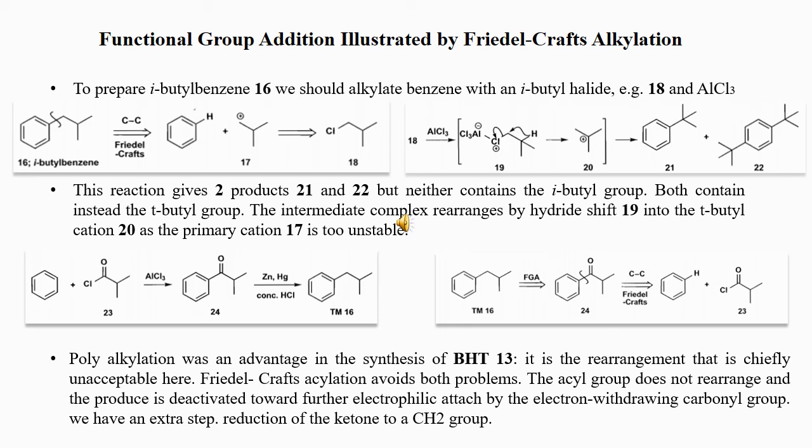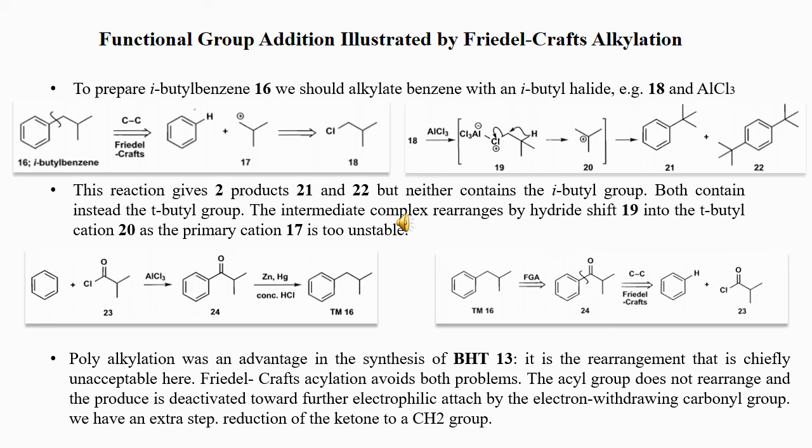The primary cation, which is actually formed after the removal of chloro, is rearranged by hydride shift into 20, the tertiary butyl cation. It converts by hydride transfer into the tertiary butyl compound.